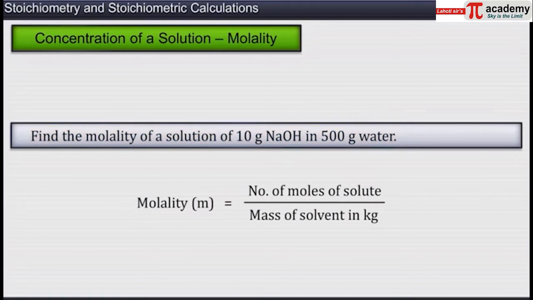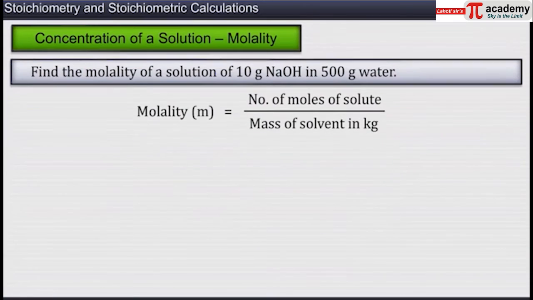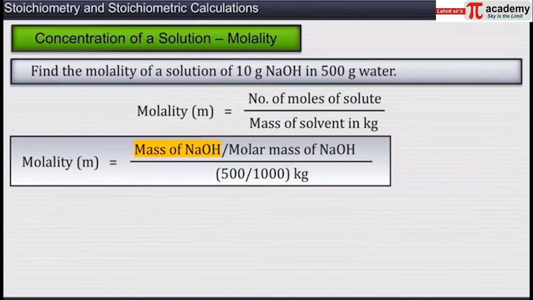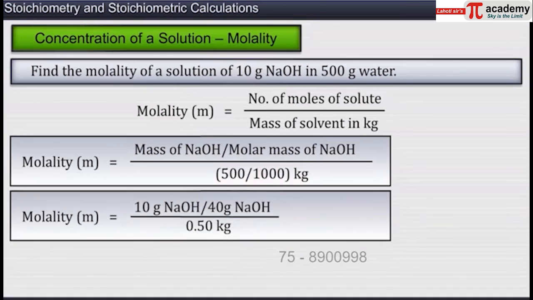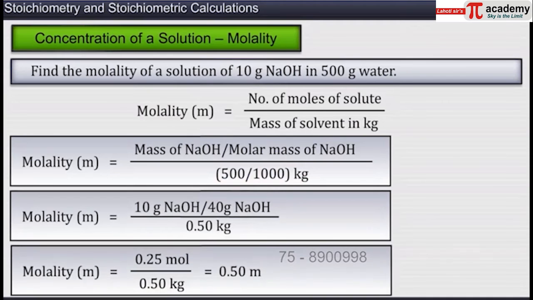To find the number of moles of solute, we need to divide the mass of sodium hydroxide by the molar mass of sodium hydroxide. We also need to convert 500 gram water into kilogram. Thus, after applying the formula, we get the molality of the solution as 0.50 m.